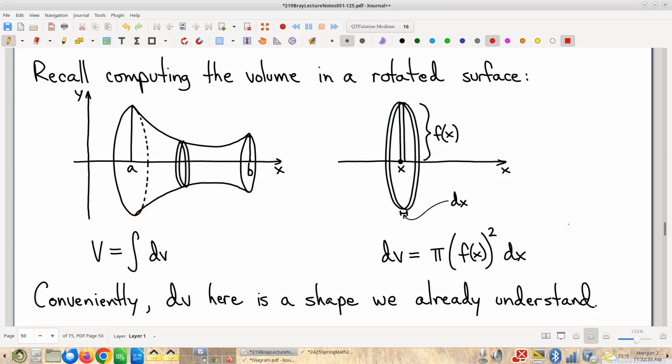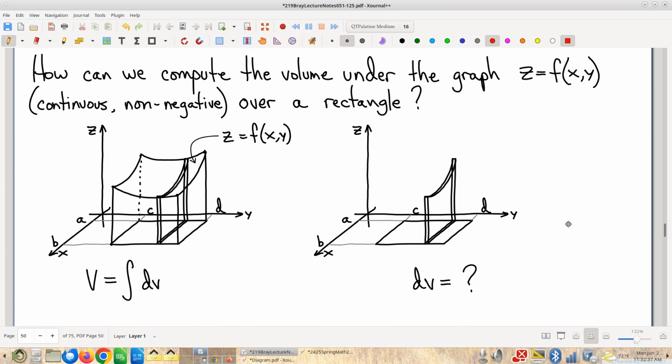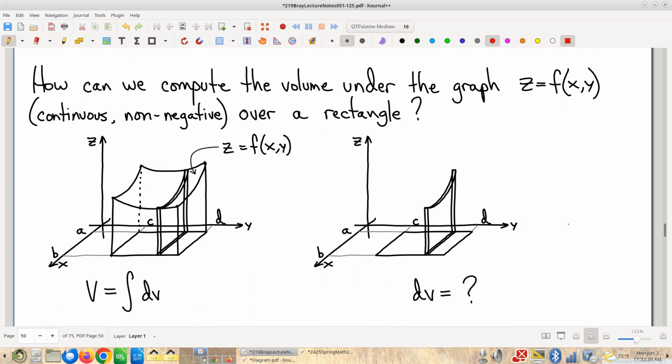We're basically going to copycat that now to make our first venture into multivariable integrals. You'll recall that single variable integrals, among other things, will tell you the area under a graph curve.